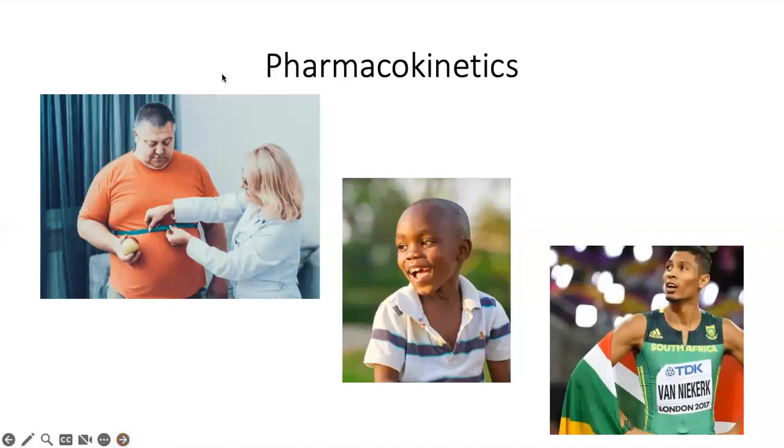So if this man weighs 100 kgs and the succinylcholine dose is 1.5 milligrams per kg, you would be giving him 150 and above. Why do you have to give a higher dose? Because patients who are obese have more pseudocholinesterase. So before you actually attempt to intubate the patient, you might find that the succinylcholine has already worn off.